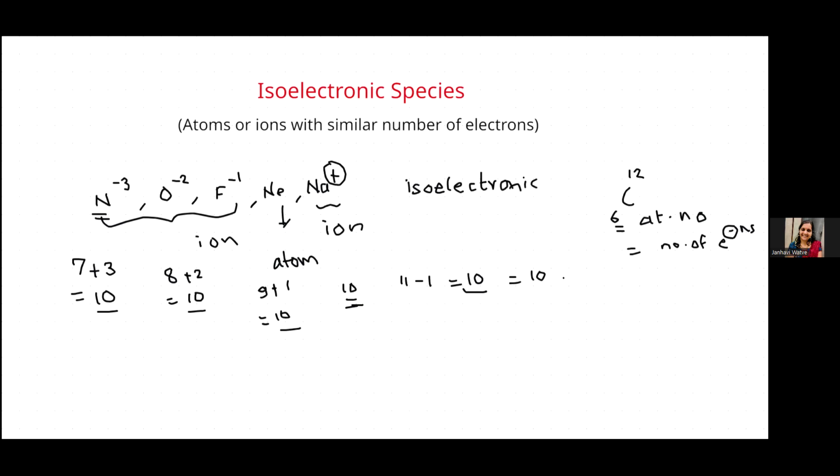Now let's see another example. If I write CO, CN minus 1 and N2, how to calculate? Similarly. Here, carbon and oxygen: carbon is 6, oxygen is 8, you will get 14.